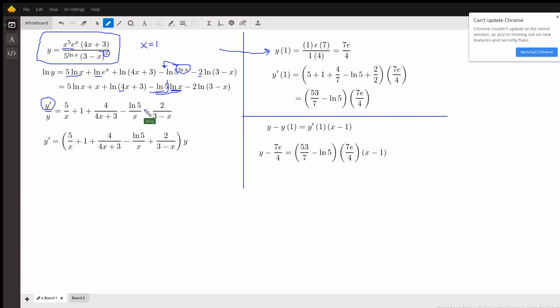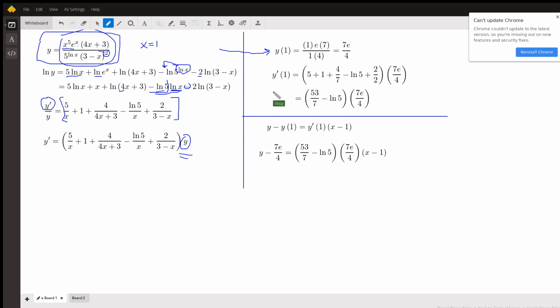That's why this minus became a plus right here, because I had minus 2 times minus 1 is plus 2. And finally, y prime is equal to this mess right here times y. If I wanted to recopy all of this over here, I could have done that.